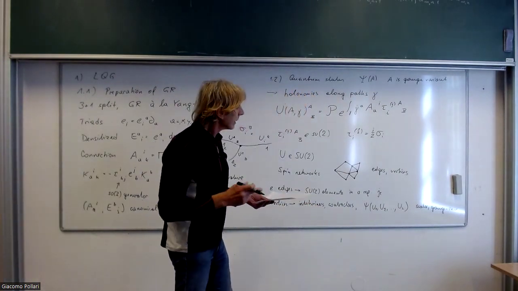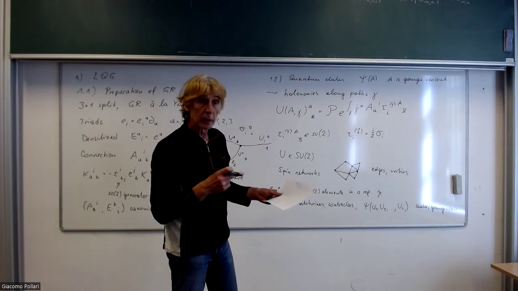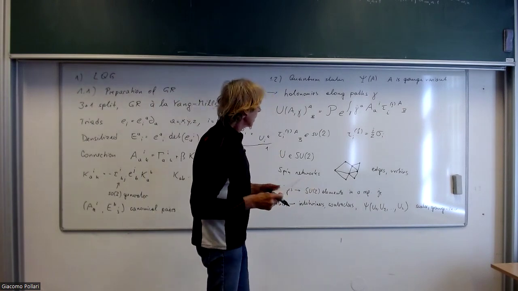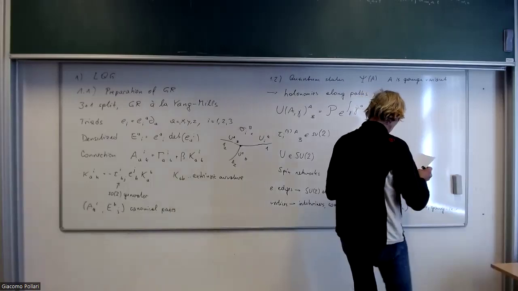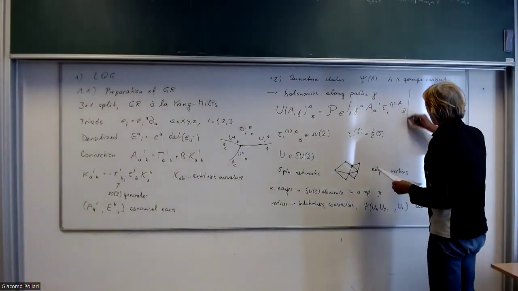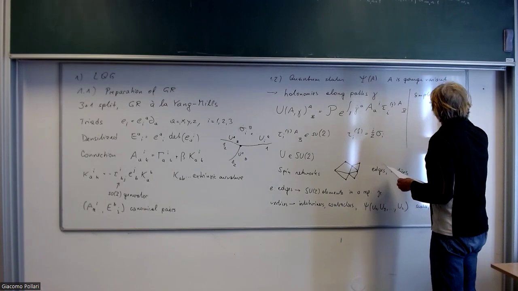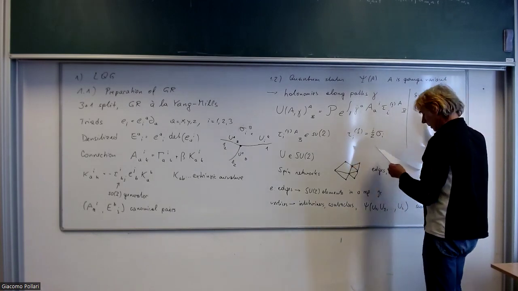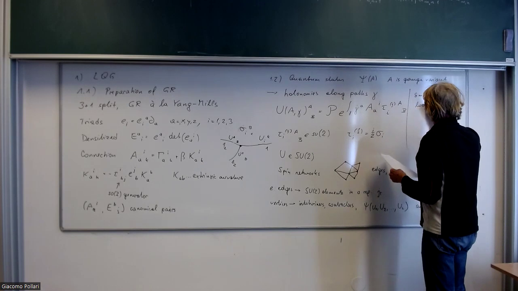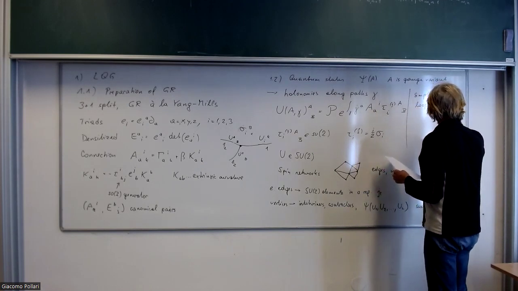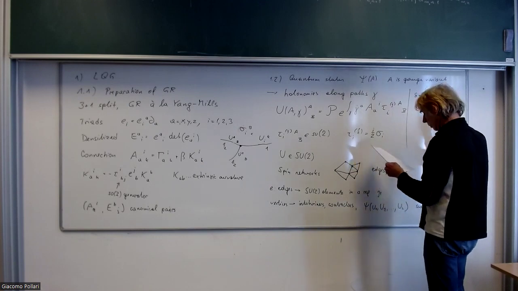The simplest case is just one loop with a closed path, the loop without any vertex or node.